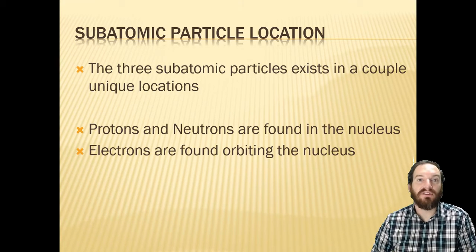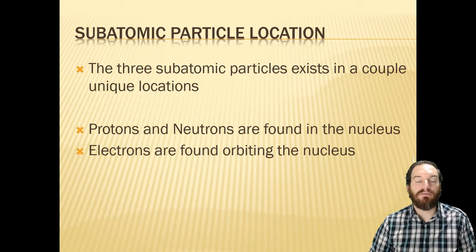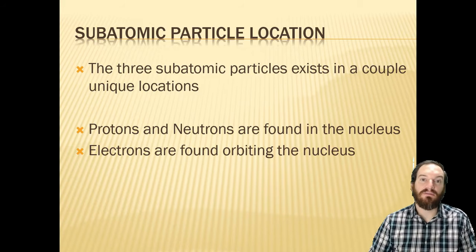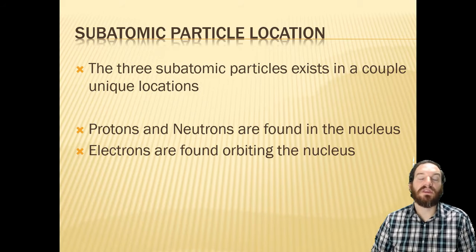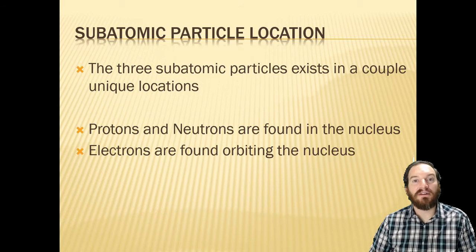It's massive compared to the nucleus of an atom. The center of a cell is made up of many, many different atoms, so the nucleus of a cell is much more complex than the nucleus of an atom. I know this term is going to confuse some of you. So the nucleus of an atom is just the very center of that atom.